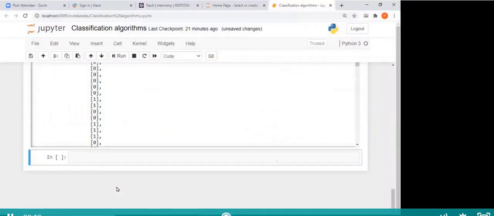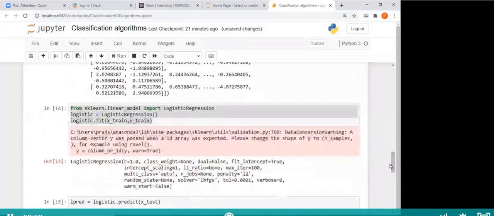It's not mandatory that your accuracy and my accuracy, and your data set and my data set, will be the same. We are taking random_state is equal to 0, so my rows will be considered different and your rows will be considered different. Okay, fine, Kavya. So if you get ones and zeros, then that means it gave some sort of correct predictions. But for mine, everything is wrong. It gave all as ones.